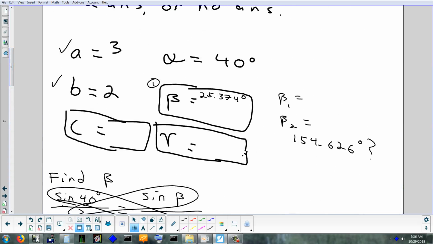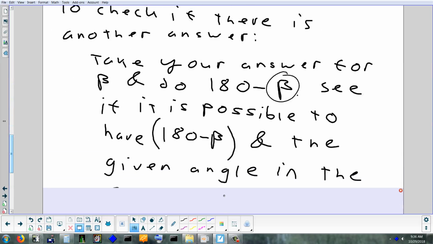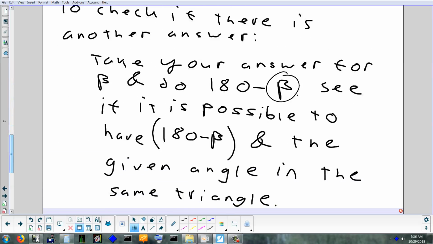I'm just going to put it off to the side with a question mark and ask myself, if there's a second answer, it's 154.626. Is it possible to have that answer and the angle they gave me in the same triangle?